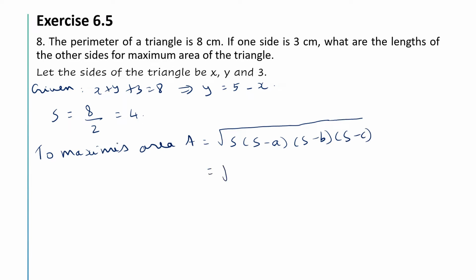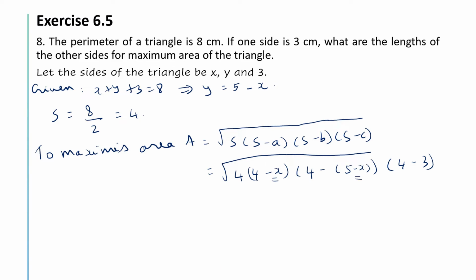Here we have s as 4. So 4 into 4 minus x into 4 minus of 5 minus x into 4 minus 3, because we have the three sides of the triangle as x, 5 minus x and 3.